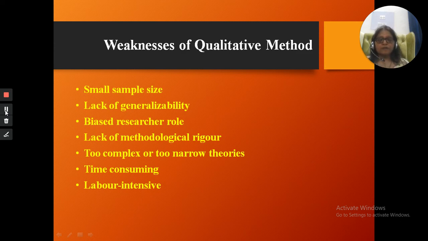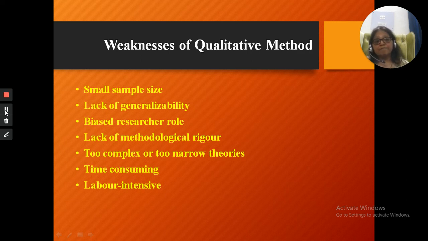When we talk of quantitative research, we may give the example that when you cook rice, you just take one or two flakes of rice and crush them to find whether they are cooked or not. But we cannot say about human beings that you pick one or two human beings, study them, and then generalize over all human beings. That is overgeneralization. And in qualitative research, since you take a very small sample, it lacks generalizability.